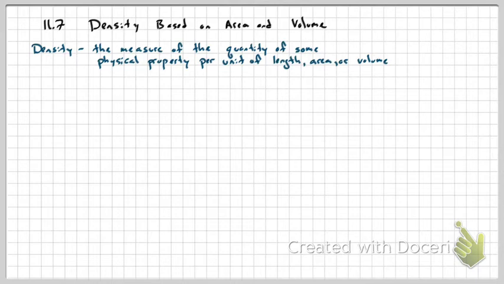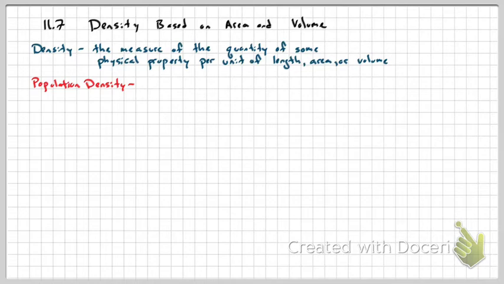The most common way you probably hear it is like, that item is dense, or that person is very dense, meaning their mass compared to their size is very high. So if somebody's dense, that means that even if it's small for its relative size, it probably weighs a lot. The first thing we're going to look at is population density based on area.